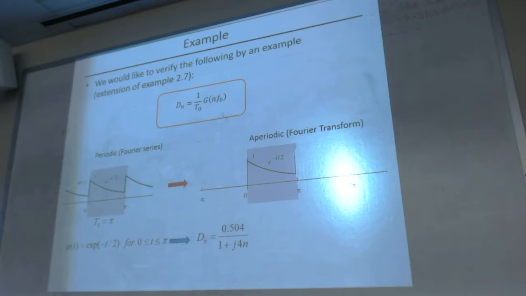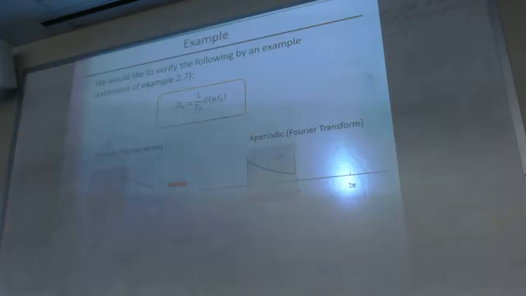Now going back to the relation between Dn and G of f, remember I said the Dn's are the samples of G. So if you have a signal, and we check the Fourier transform, and the Fourier transform looks like this.